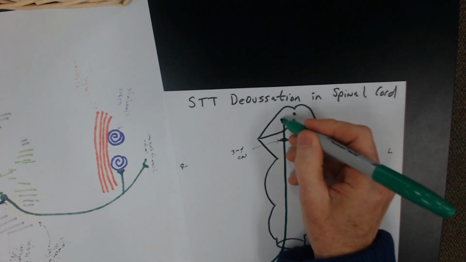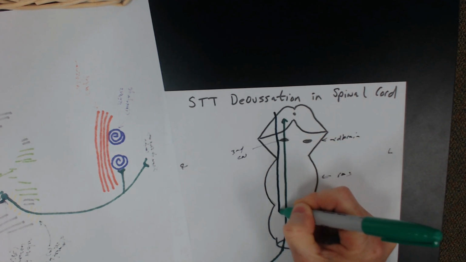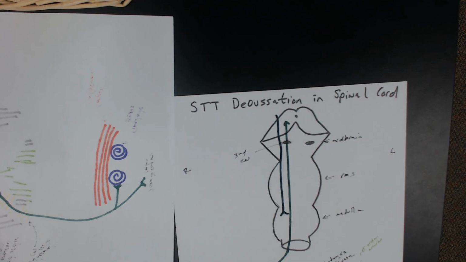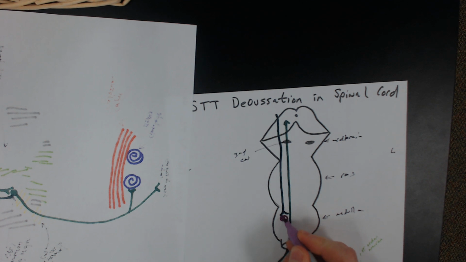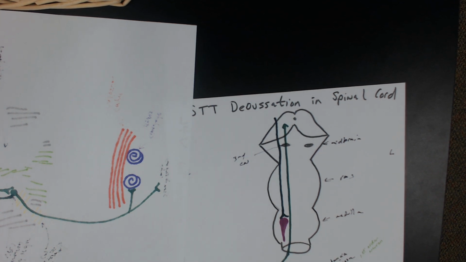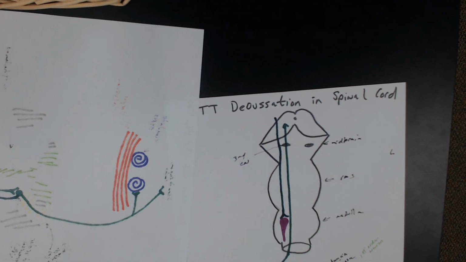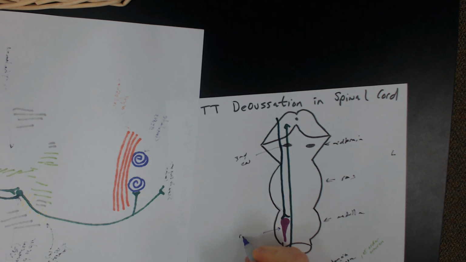There's an axon coming down to the level of the medulla, and it synapses with this structure that we talked about that was involved in awareness, awakeness, regulating sleep-wake cycles, all that good stuff. That's your reticular formation. The red nucleus is up there. If you want to think about sleep-wake cycles, awareness, consciousness, awakeness, that's your reticular formation.